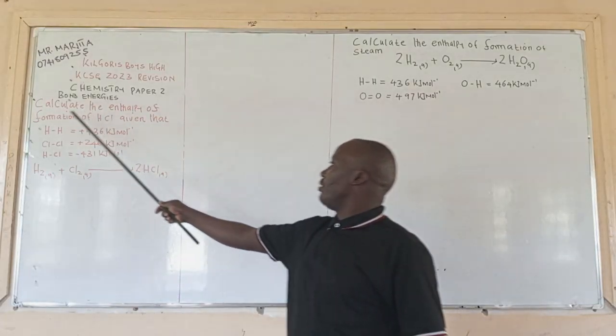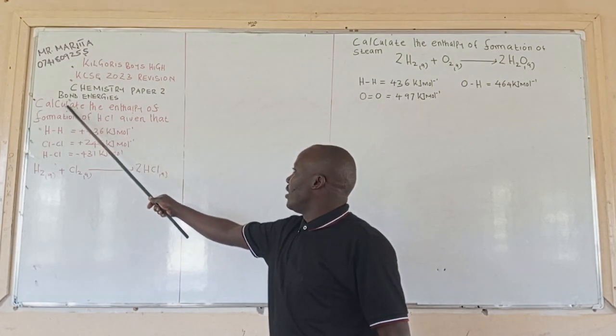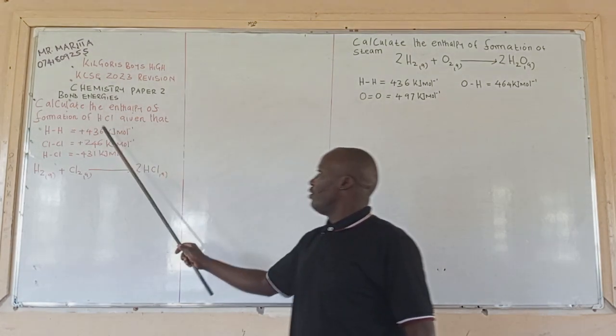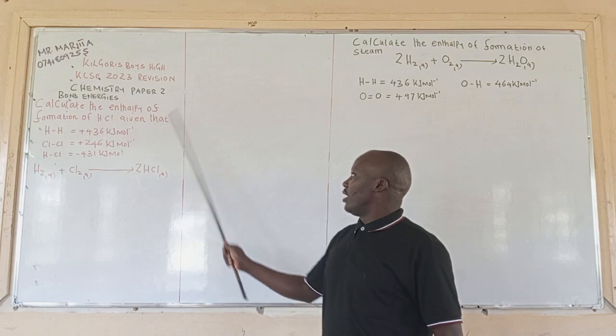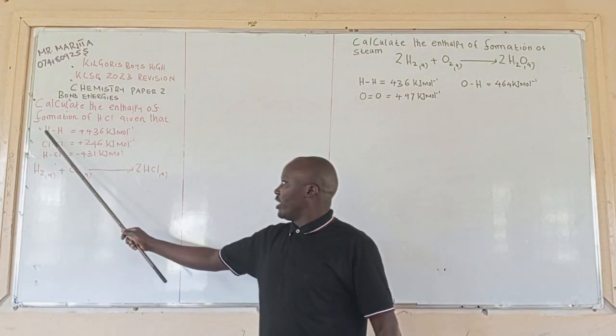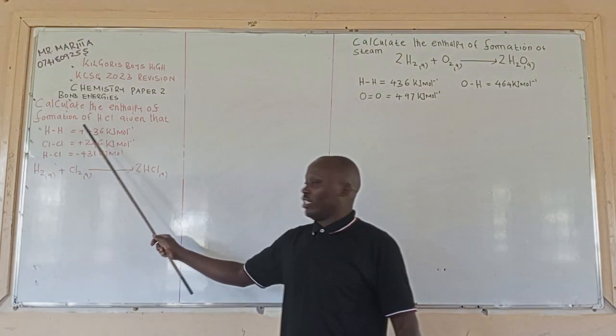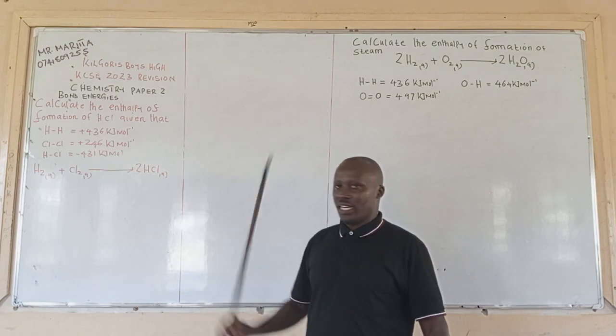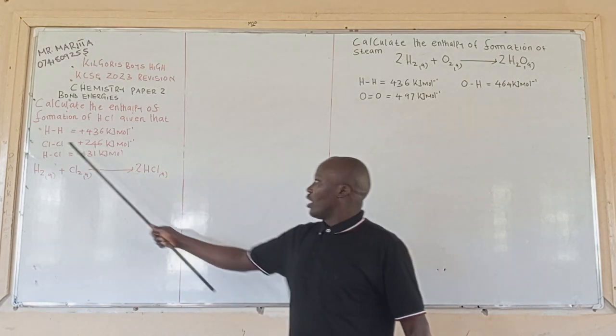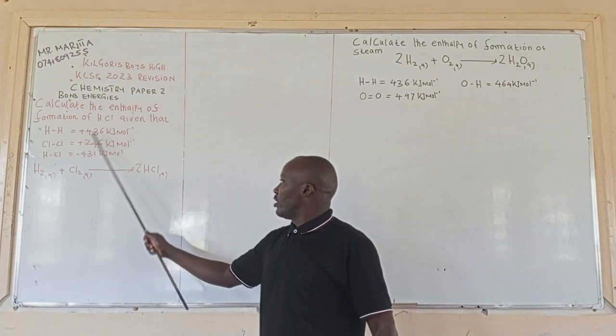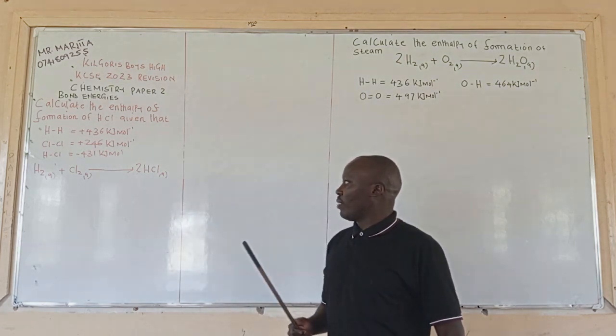For example, we have been given here: calculate the enthalpy of formation of hydrogen chloride, given that the bond energy between hydrogen and hydrogen is positive 436 kilojoules per mole. Chlorine and chlorine is positive 246 kilojoules per mole.